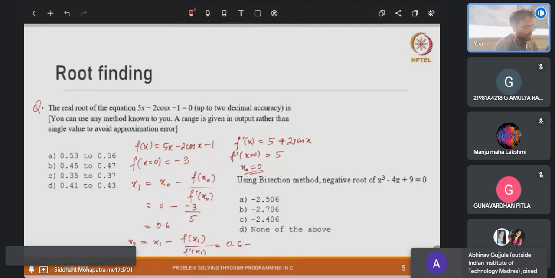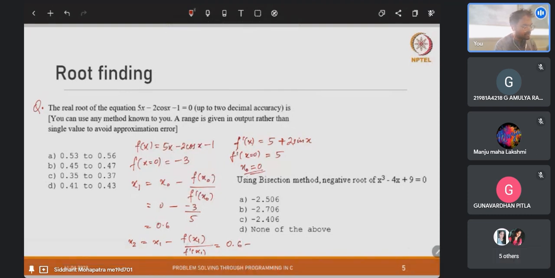Now if I calculate f of x1, I put 0.6 into the f of x equation, so 5 into 0.6 minus 2 into cos 0.6 minus 1. So it's roughly 0.349, divided by f dash of 0.6, which means 5 plus 2 into sine 0.6, that is 6.129.